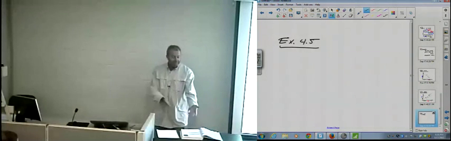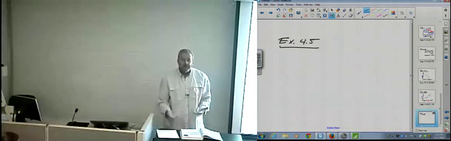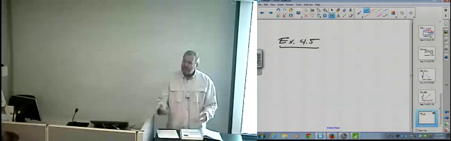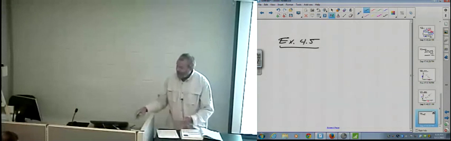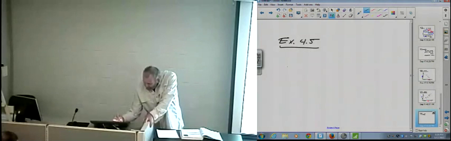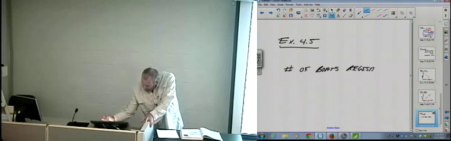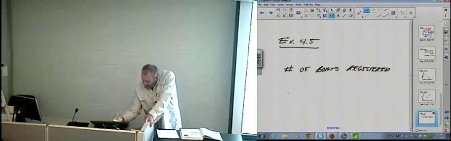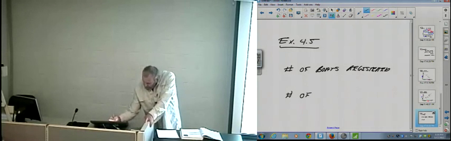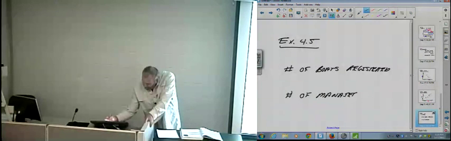Now, let me ask you this. I'm not going to read the rest of this to you. Do we think that one helps explain or influence the other? I'm pretty sure that the number of boats registered helps explain the number of manatees killed.